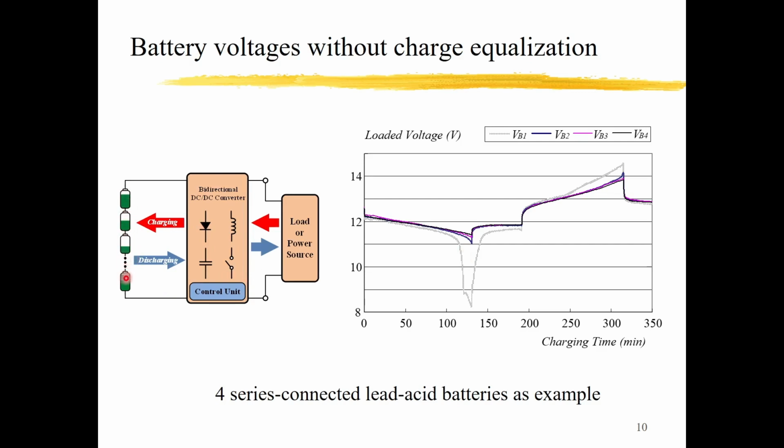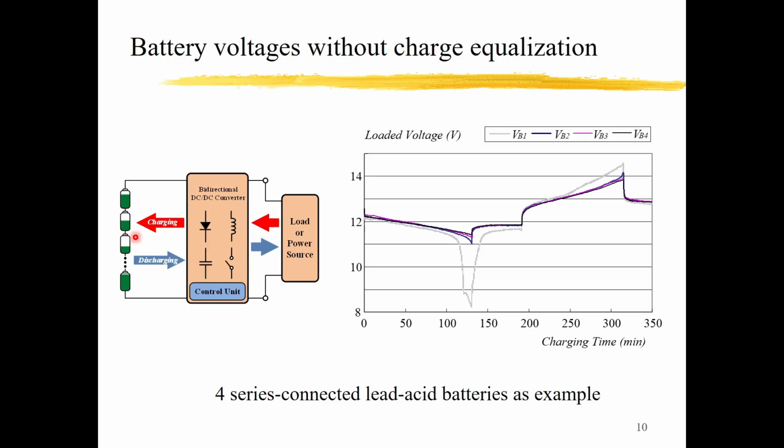Okay, the batteries are series connected together, and when we charge or discharge the batteries, the current through each cell should be the same because they are series connected. So the charging current and the discharging current for every cell should be the same.